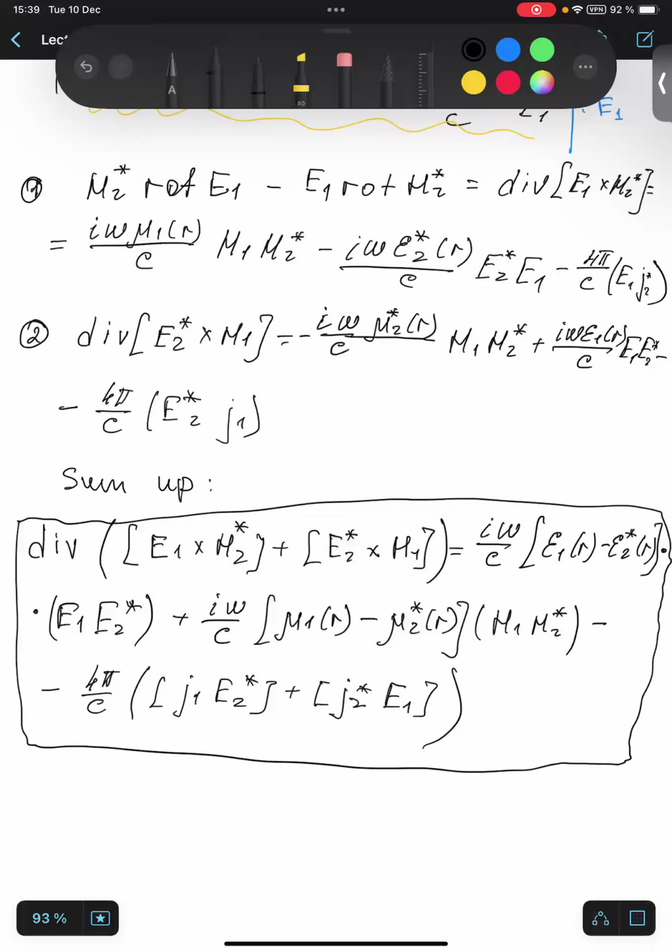It's the starting point of the coupled mode theory.